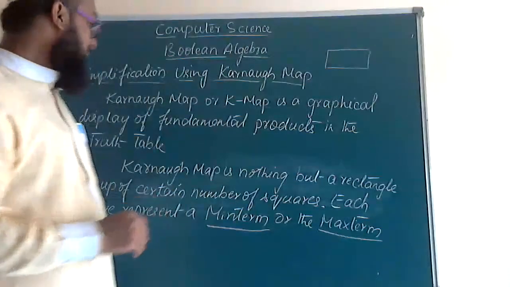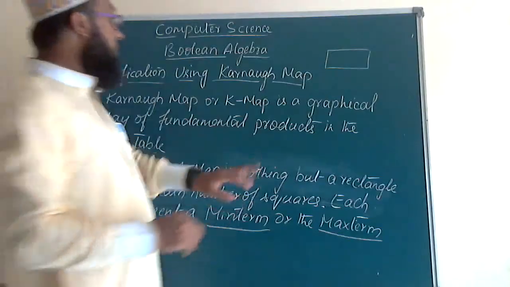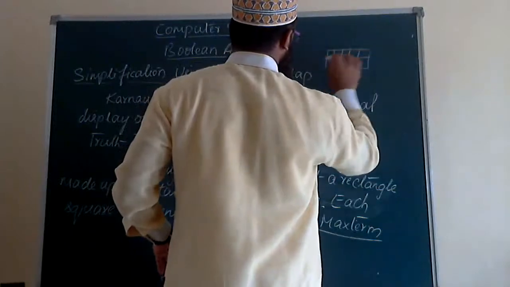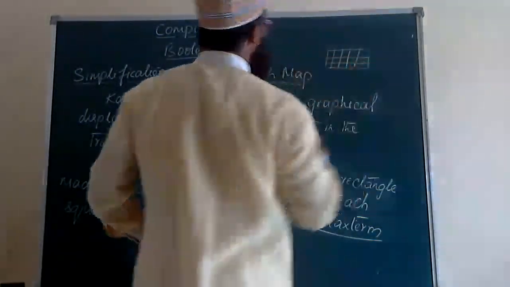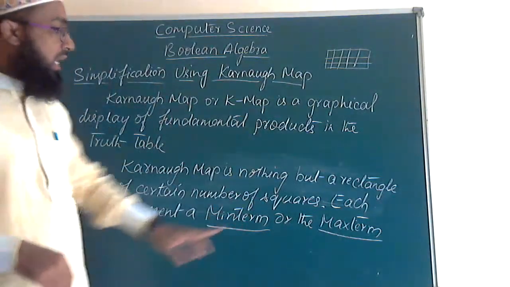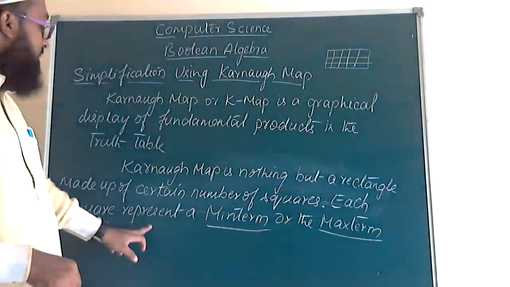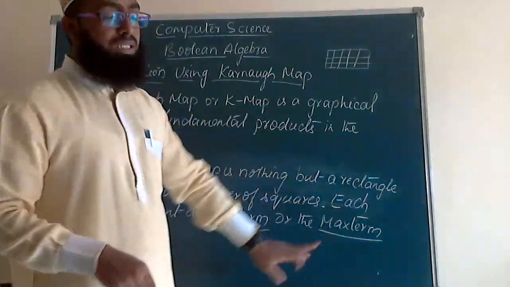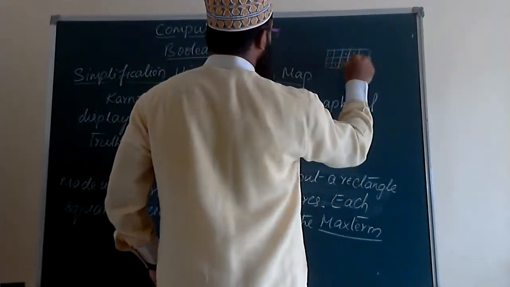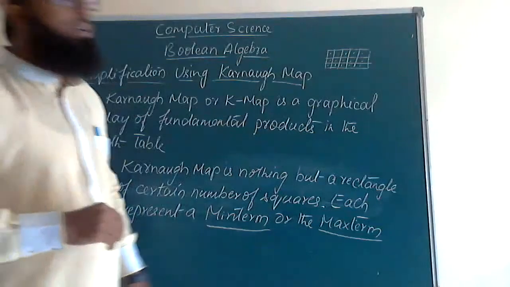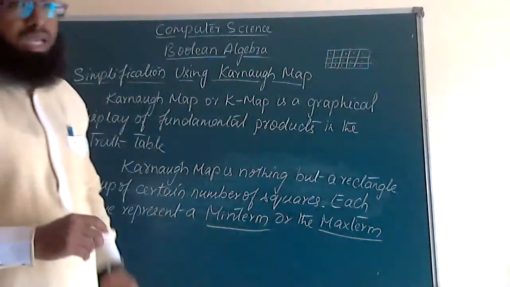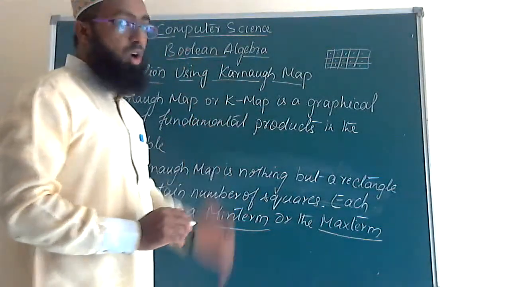This is a rectangle made up of a certain number of squares, and each square represents a min term or the max term. In each square, we can enter either the min term or the max term. This is called the Karnaugh map.